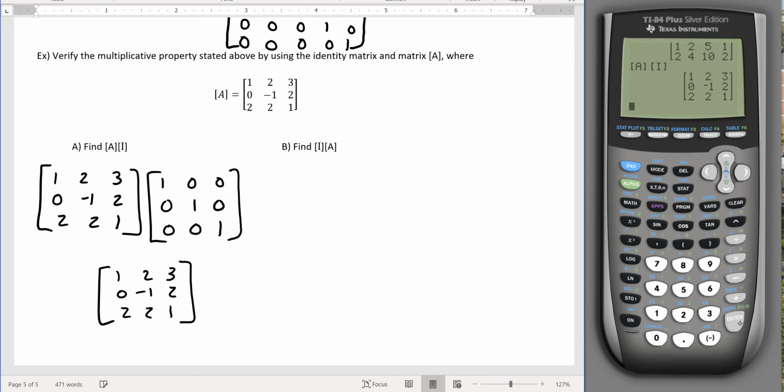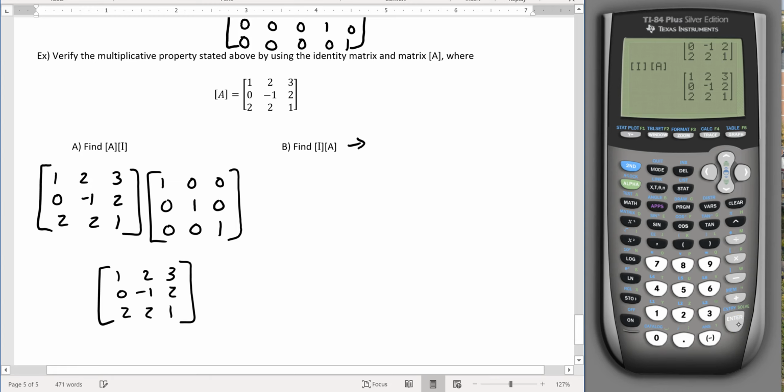Now, if I multiply a number by 1, that's the same thing as multiplying 1 times that number. Let's see if that holds true in this case. So this time, I'm going to do second matrix I and second matrix A. What do you know? I do get the same thing.